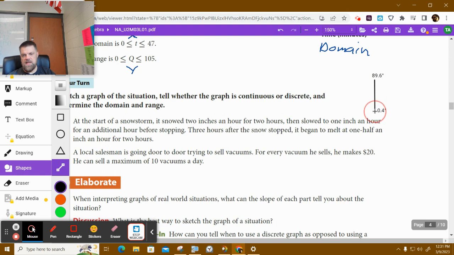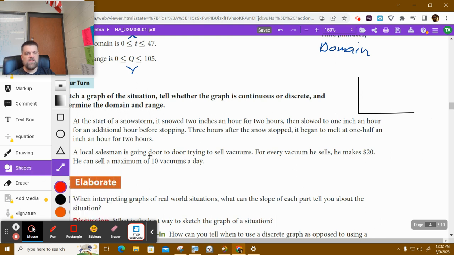This is my y-axis. And then this is my x-axis. Okay.